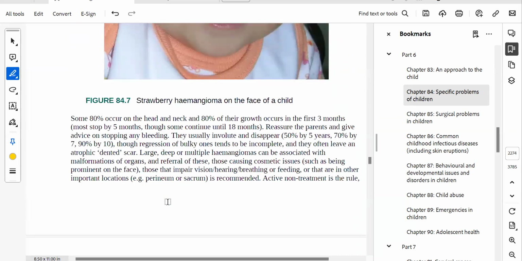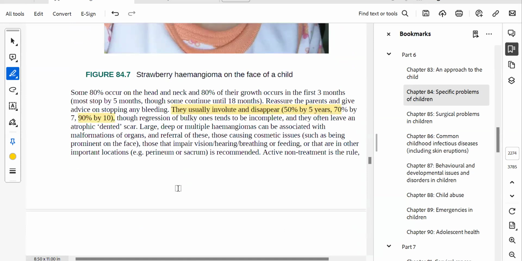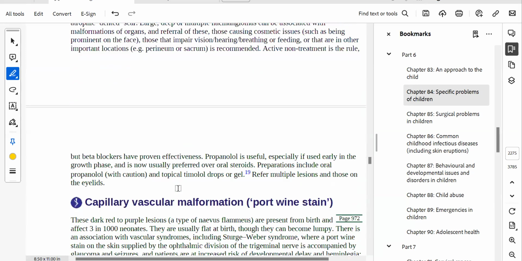Okay, and they usually involute and disappear by the age of 10. Active non-treatment is the rule. So usually no need of any treatment, but beta blockers can be given, like propranolol is useful.